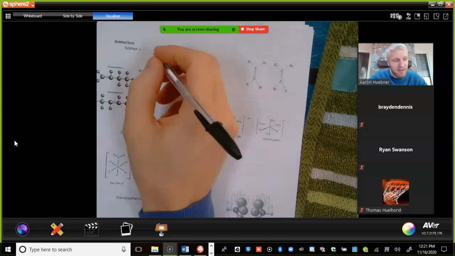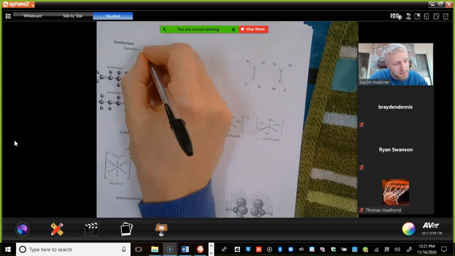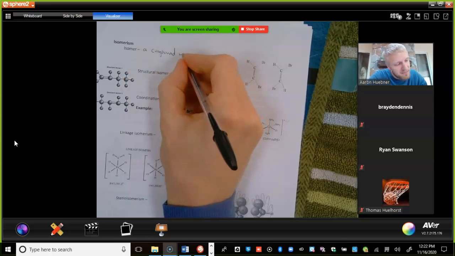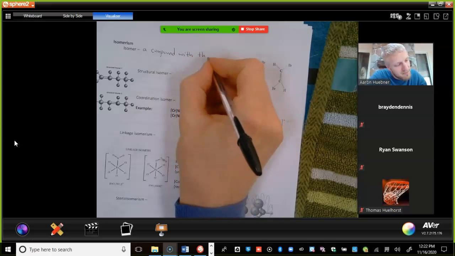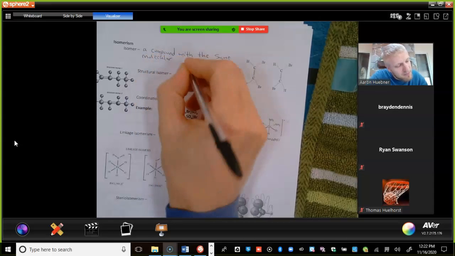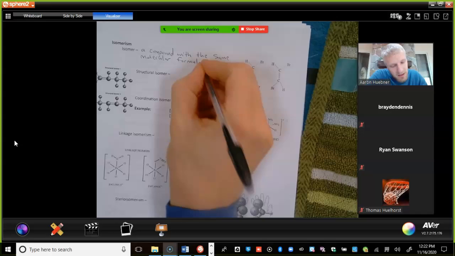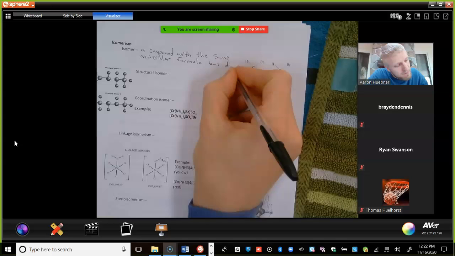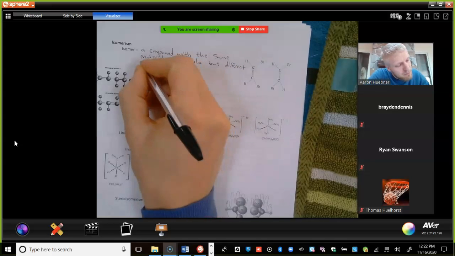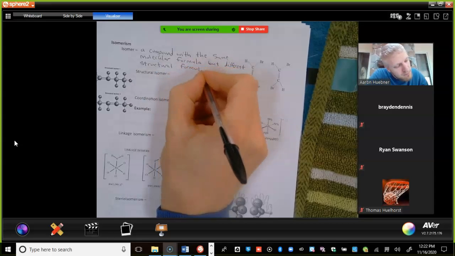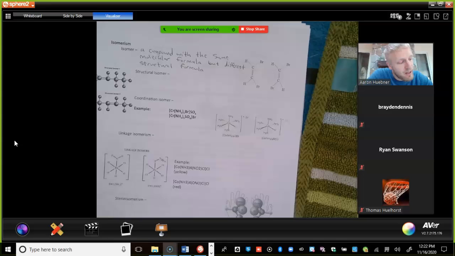It's a compound with the same molecular formula but different structural formula.